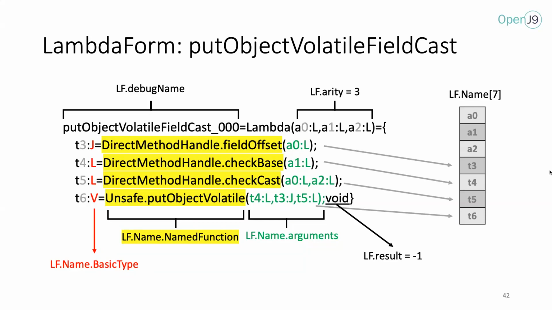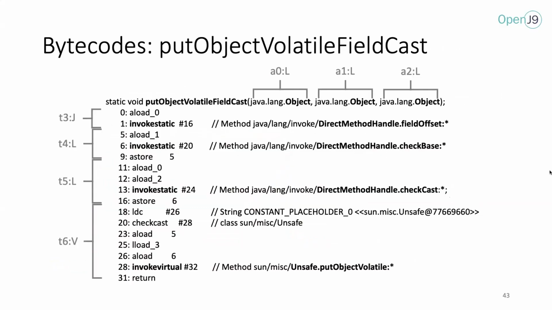Check base, DirectMethodHandle check base, gets the start address of the class, and then we are doing a check cast, which makes sure that the value is of the right type. And then we are doing an unsafe operation, which will set the field to that value in that receiver class. And this is exactly what the MethodHandle.findSetter example wants to achieve. And this Lambda form describes its invocation behavior through this representation. And the bytecodes, again, are pretty straightforward.